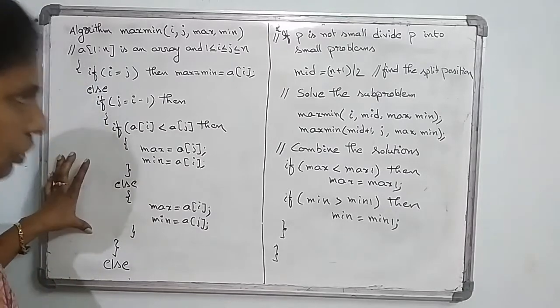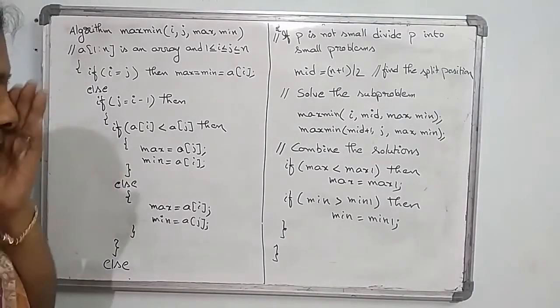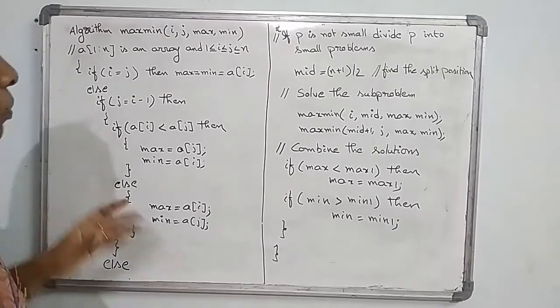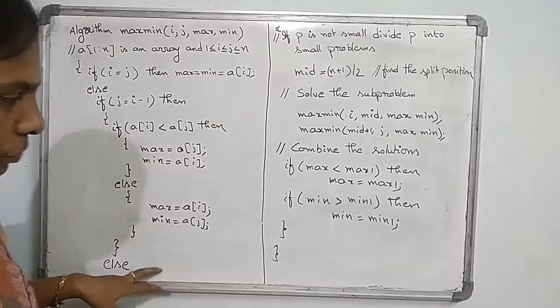These statements are used to find which element is maximum and which is minimum, when i and j are the two elements.